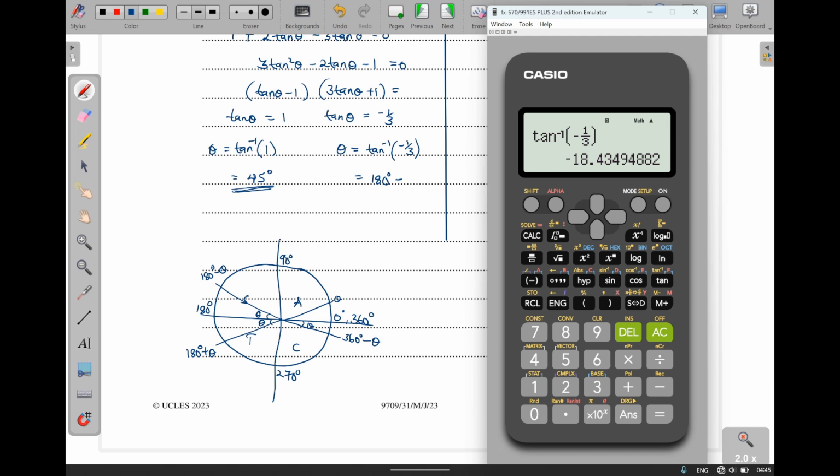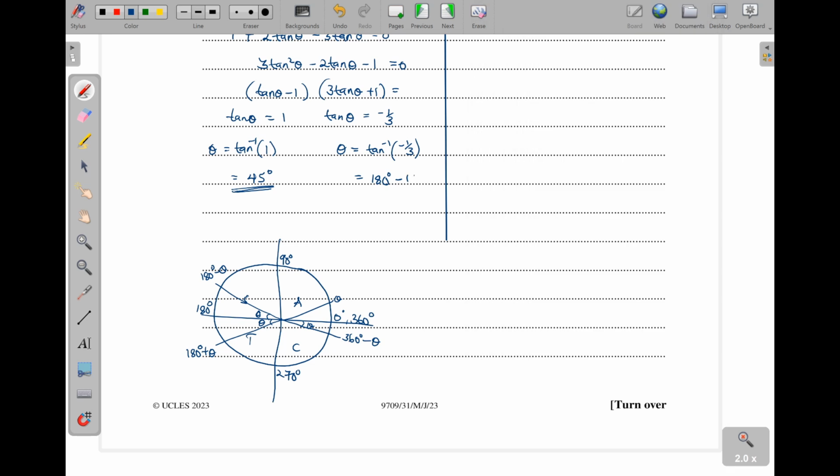So you just come here and say 180 minus 18.4. When you ignore the negative, it gives you that positive answer. So you subtract it there, and this one gives us 161.6 degrees, to one decimal place. So that is that.